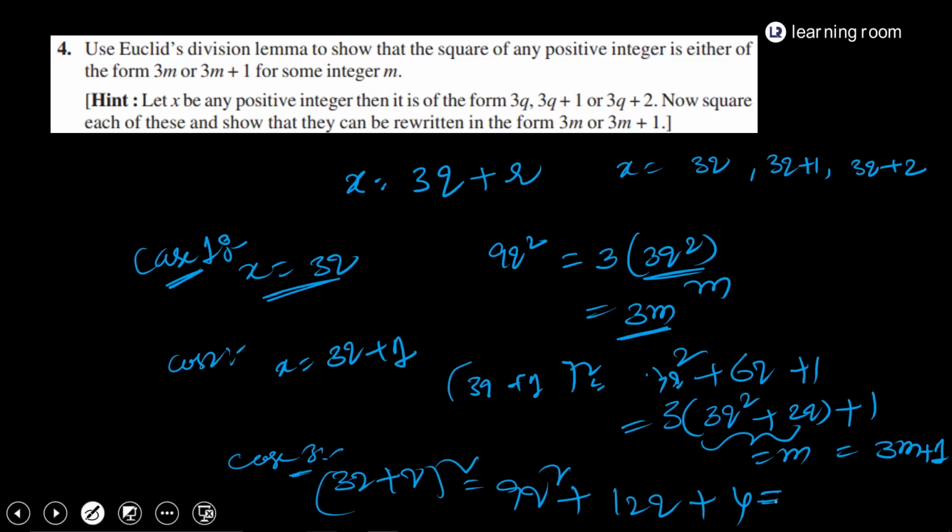What is the form you got? 3m plus 4. But we need to show it in 3m plus 1. Can you show it in terms of 3m plus 1? So it will be 9q square plus 12q plus 3 plus 1. So you need to split 4 as 3 plus 1 and then plus 1 will come there, right?